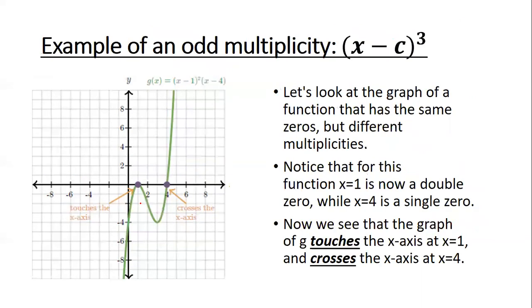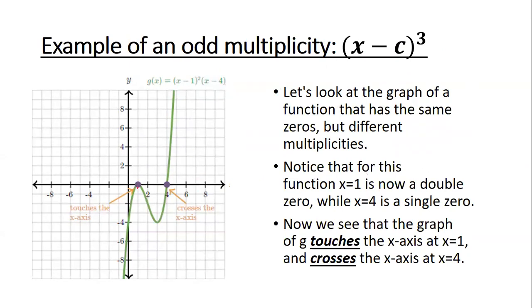Okay, so then let's look here. Example of an odd multiplicity. So if I had x minus c to the 3rd, or x minus c just as a 1, or x minus c to the 5th, if we look at this function g of x, it's x minus 1 squared times x minus 4.